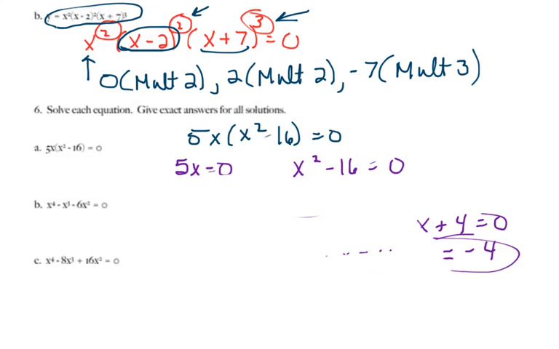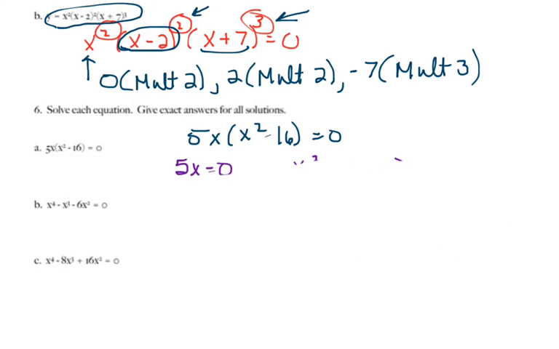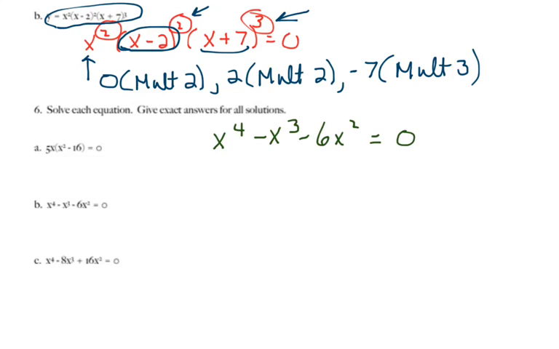Moving on to B. B is not in factored form, so we're going to have to work at it a little bit. Here's problem B, written a little bit bigger. First thing I do when I want to check to see if I can factor is I make sure it's equal to 0. It is. I check for a GCF. It has one. It's x squared.